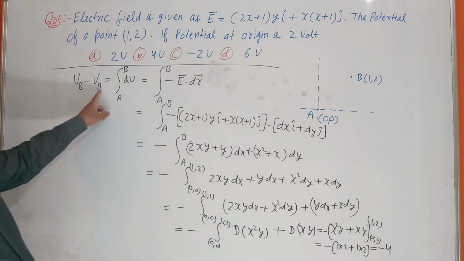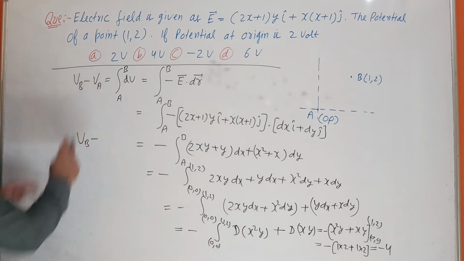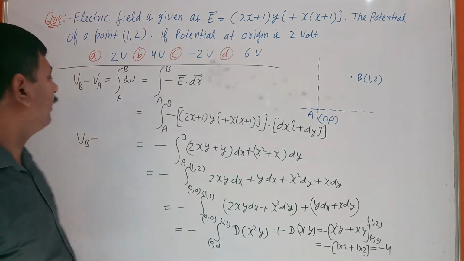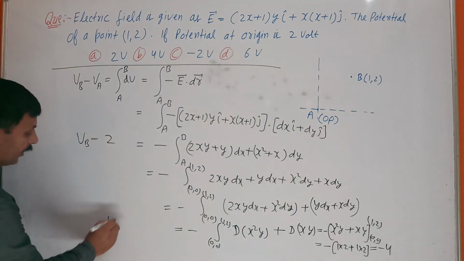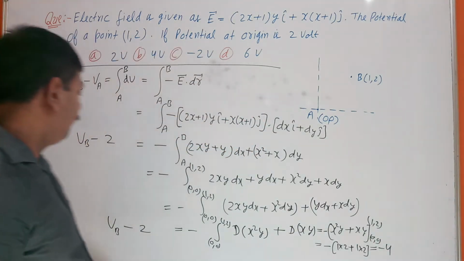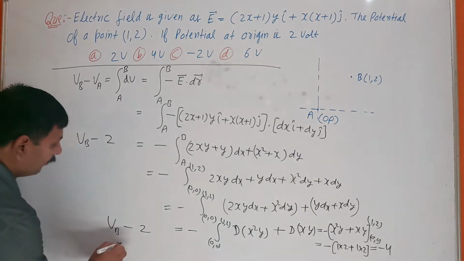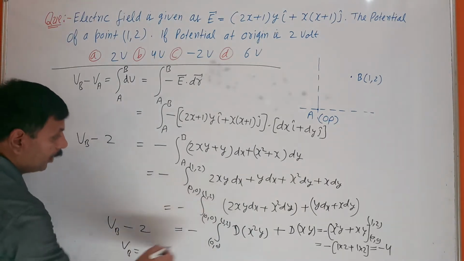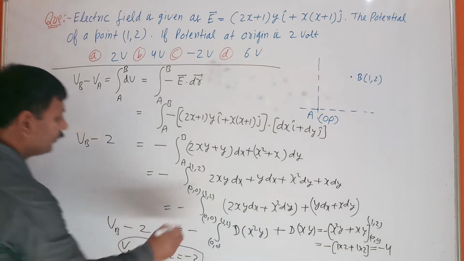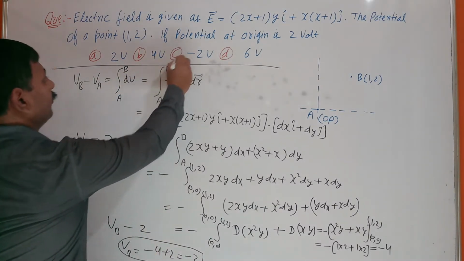So this is VB minus VA, where B is (1, 2) and A is (0, 0). At point A they have given the voltage as 2, so VB minus 2 is equal to minus 4. So what will be VB? VB will be minus 4 plus 2, so that is minus 2 volt. The correct option will be minus 2 volt.